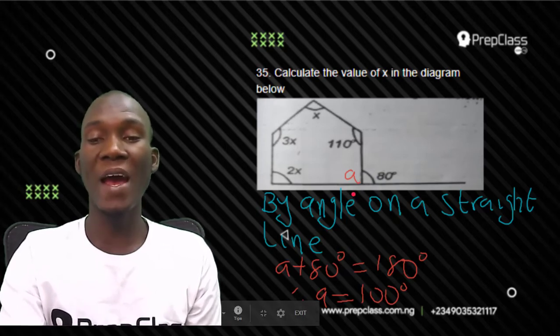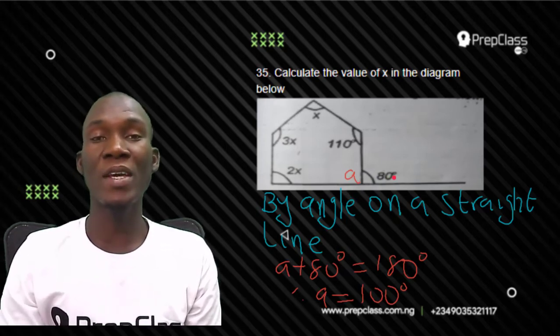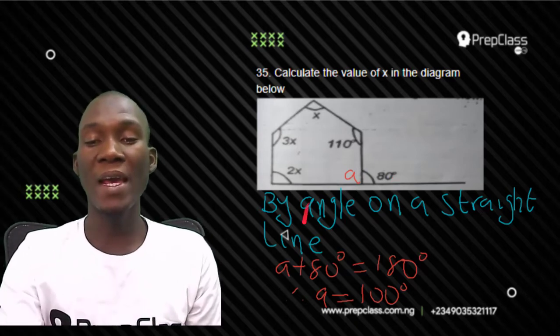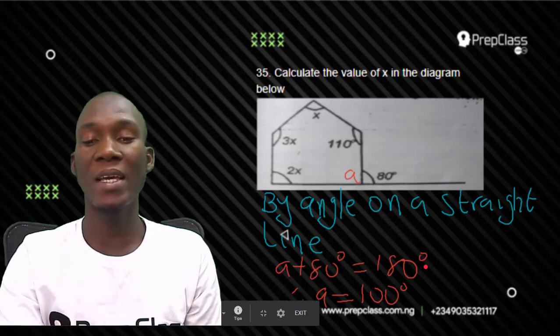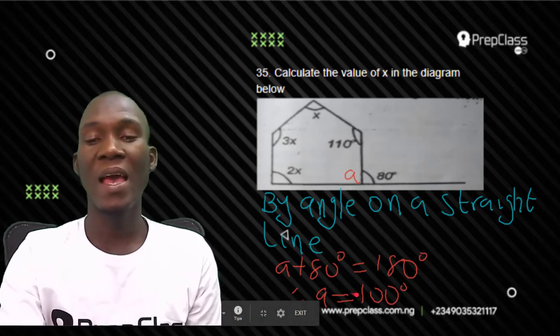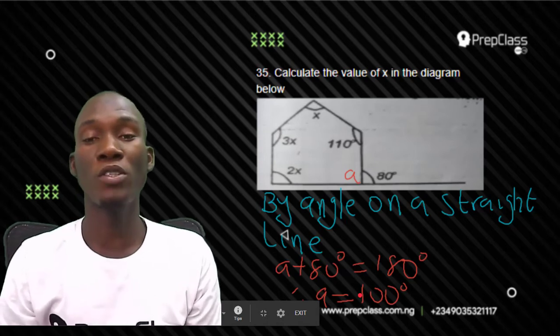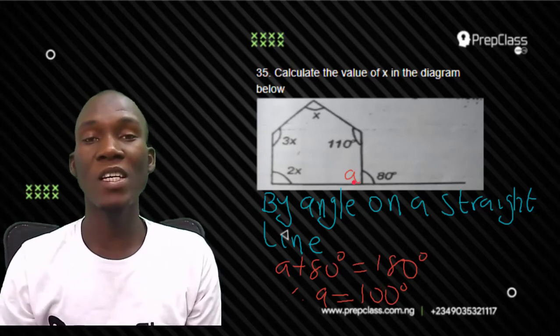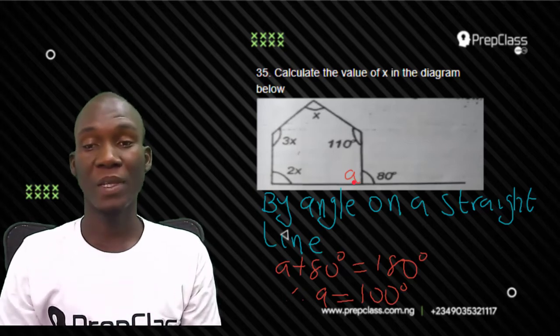So it means if I add A plus 80 degree, I am going to get 180 degree. So therefore, A plus 80 is 180 degree. A is 180 minus 80 degree, and A is equals to 100 degree. So it means that the angle here is actually 100 degree.